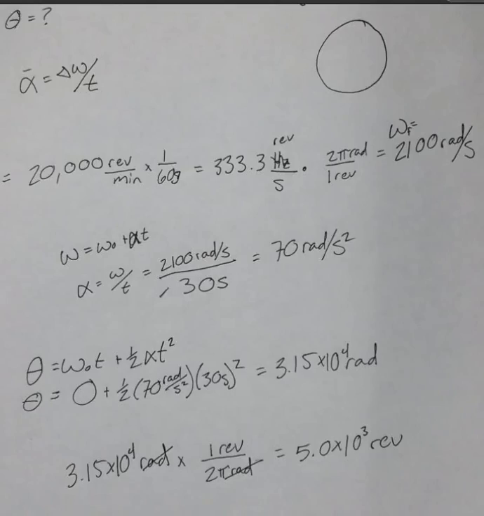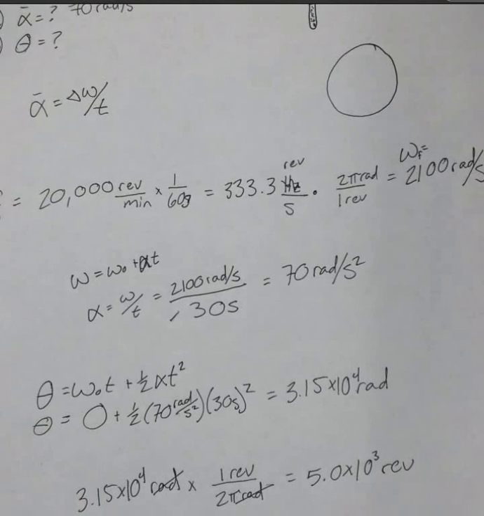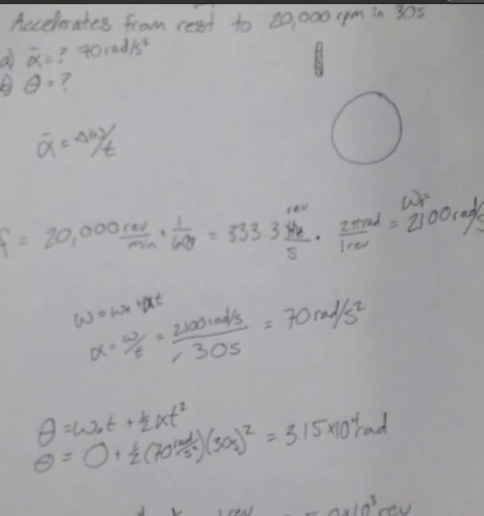If we wanted to check our work, we could use another kinematic equation, and we would end up getting the exact same value. So you can see that this is really an example of doing a straightforward replacement.